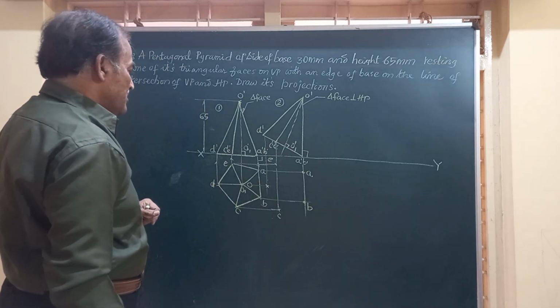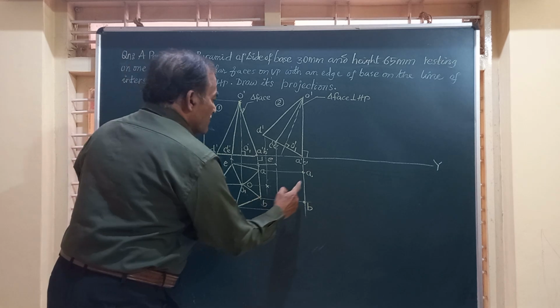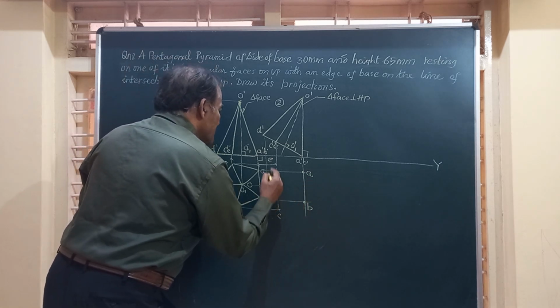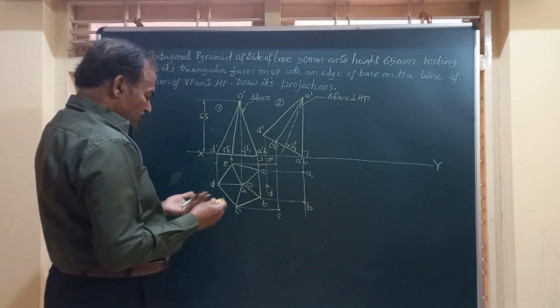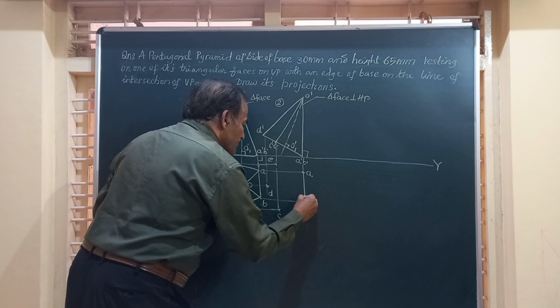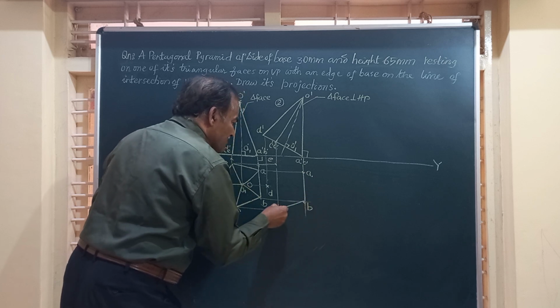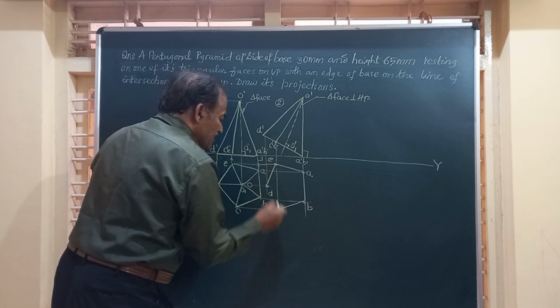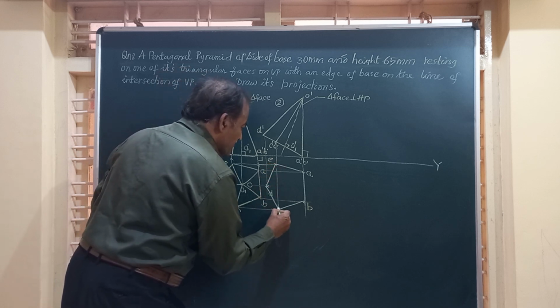Friends, you have got point A, B, C, this is D, and this point is E. We will join all these by straight lines, that is A to B, B to C, A to E, E to D, then C to D.